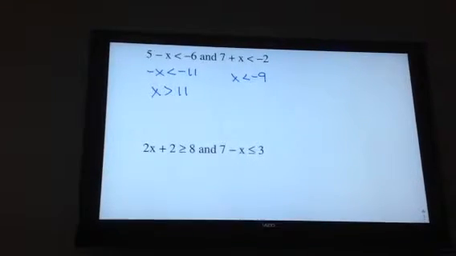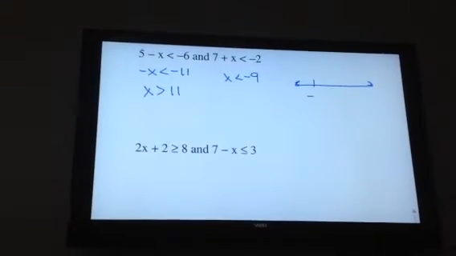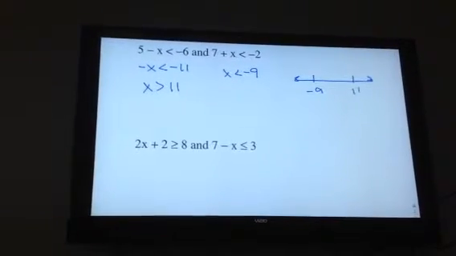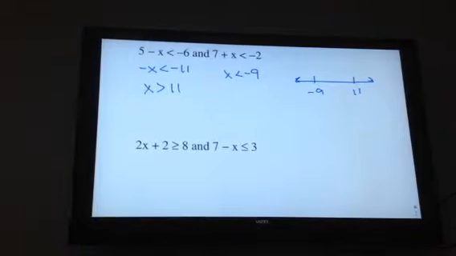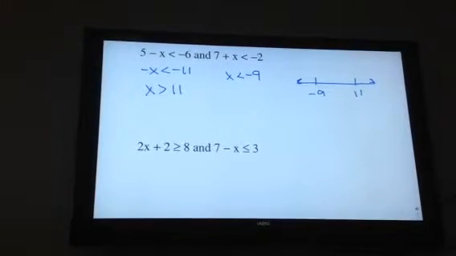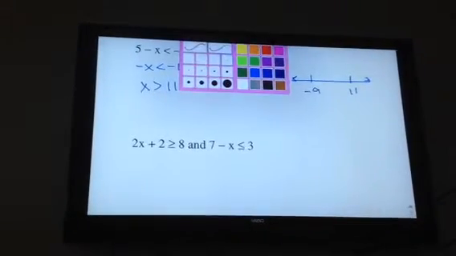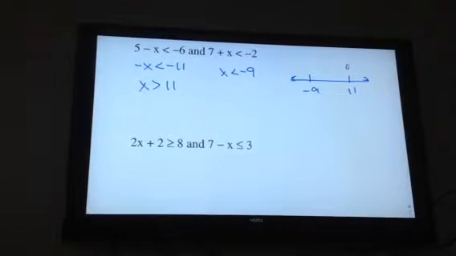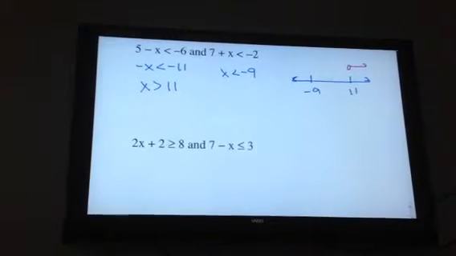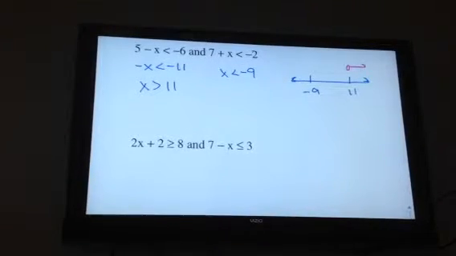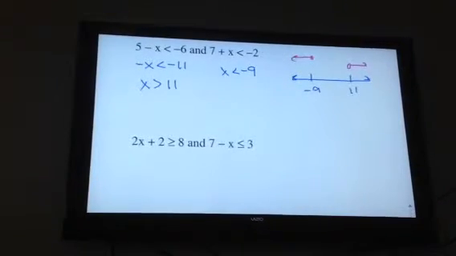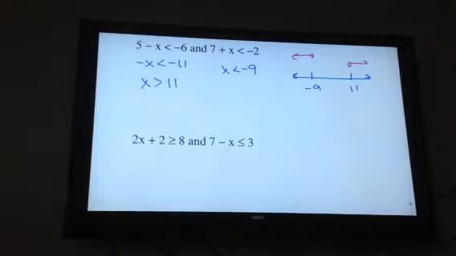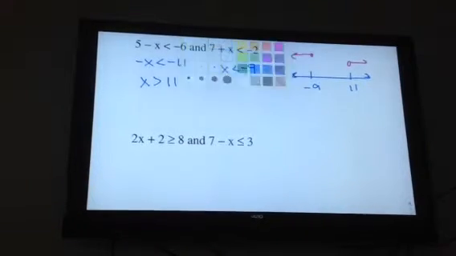So I go over to my graph. I need negative 9 and positive 11. My helper graphs, which are optional. Greater than 11, less than negative 9. This is an "and."